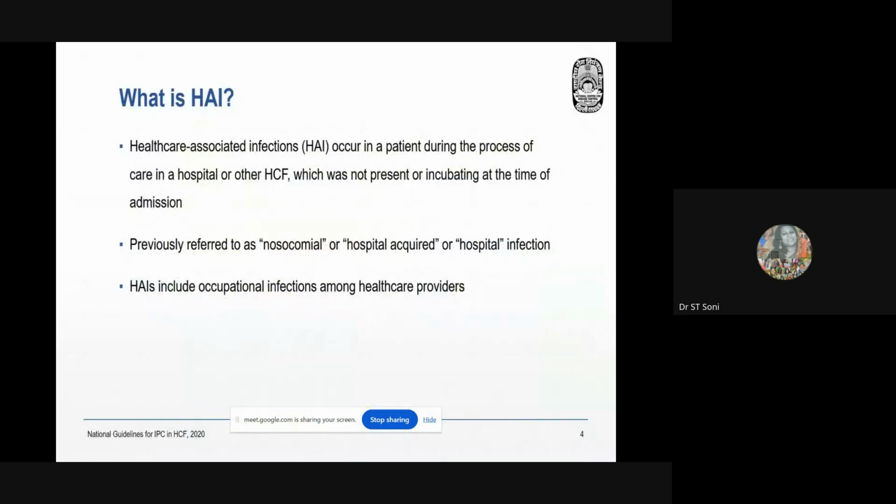Healthcare associated infection basically occurs in a patient when it was not present at the time of admission, so it is seen after 48 hours, or 2 calendar days, of admission. Previously it was called hospital infection, hospital acquired, or nosocomial.